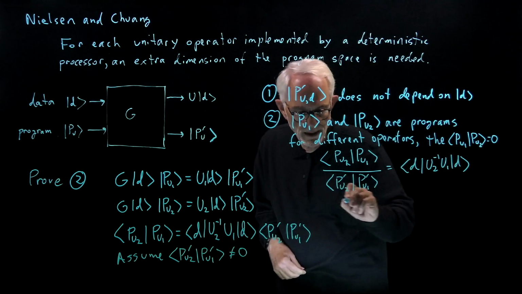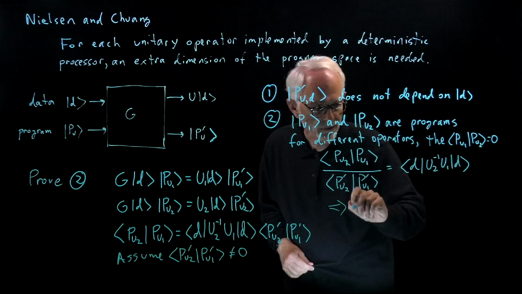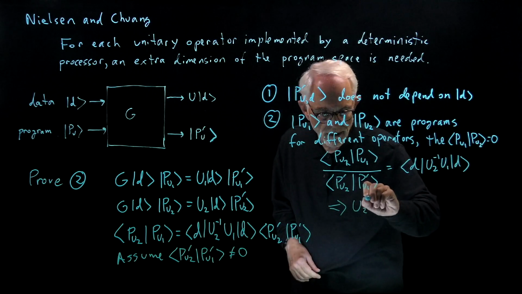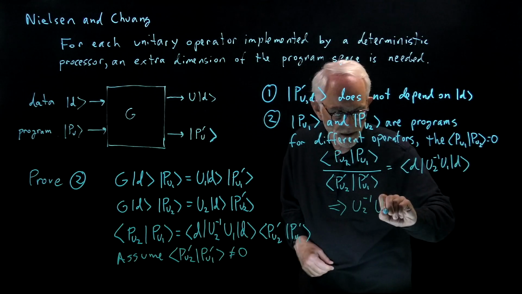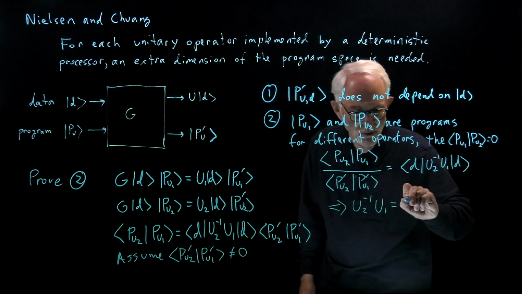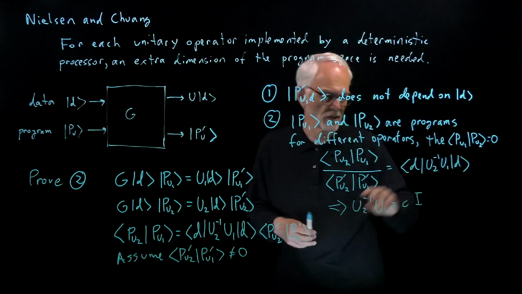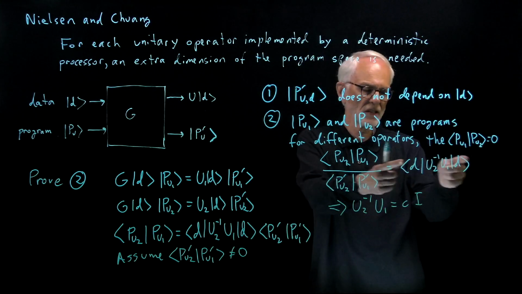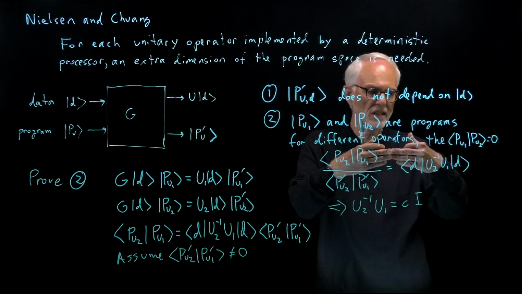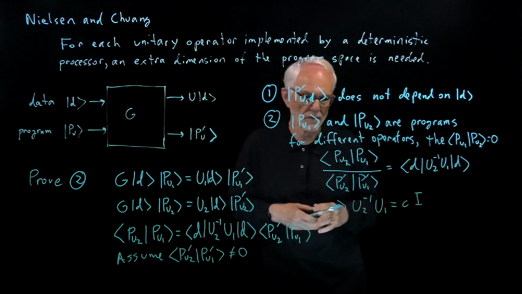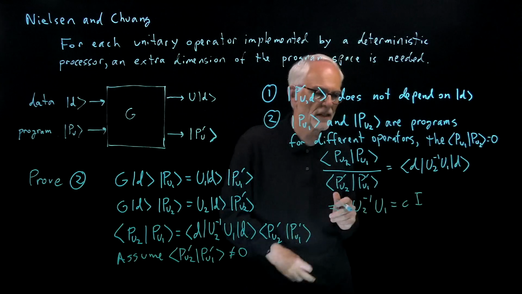So this implies that U2 inverse U1 is equal to some constant C times the identity, because that way I would just get D dagger D, and the D dependence would disappear, which it has to do because the left-hand side doesn't depend on D.